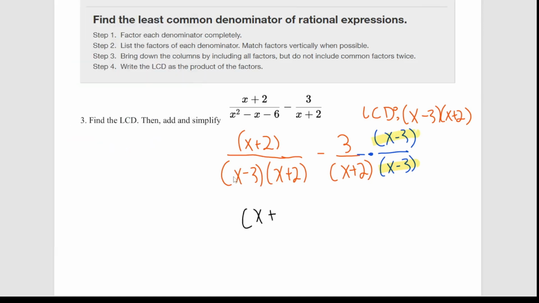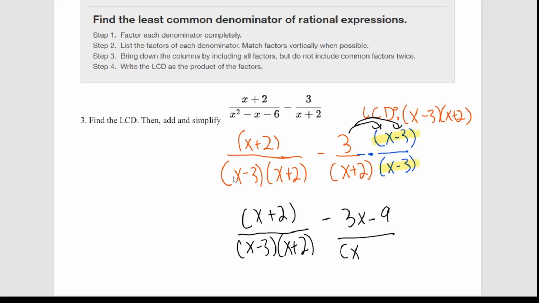Now this will simplify to x plus 2, and then over x minus 3 times x plus 2, minus, and then I'm going to go ahead and actually distribute that across its new denominator, 3x minus 9 over x plus 2 over x minus 3.